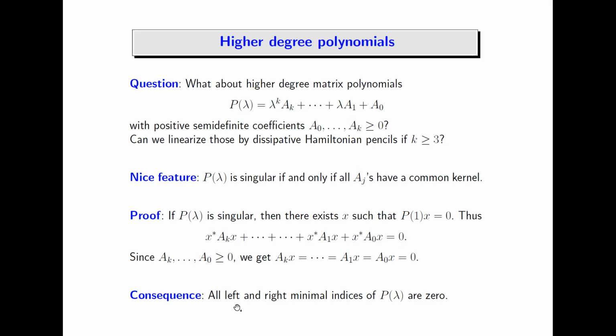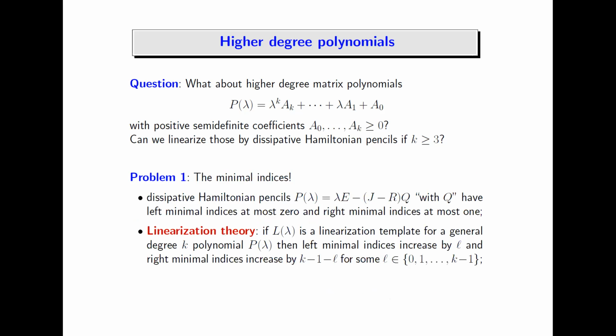And again, we have that all left and right minimal indices of the polynomial are 0. That's good from the one point that I said, but it's also bad from another point. This means that we cannot actually get a dissipative Hamiltonian linearization, because we call this shifting of the minimal indices if you go to the linearization.